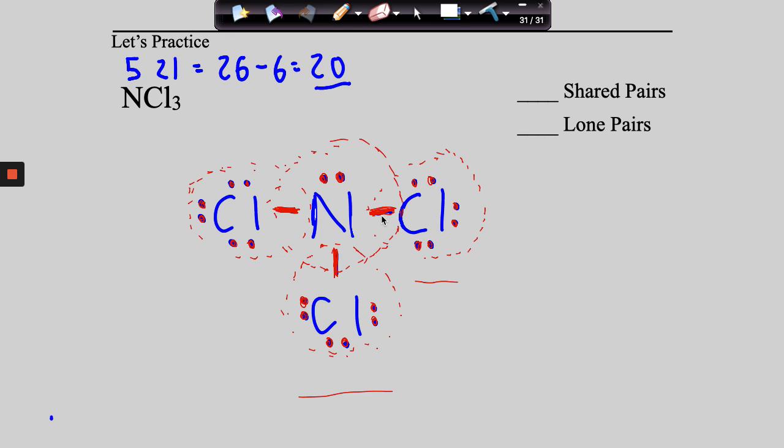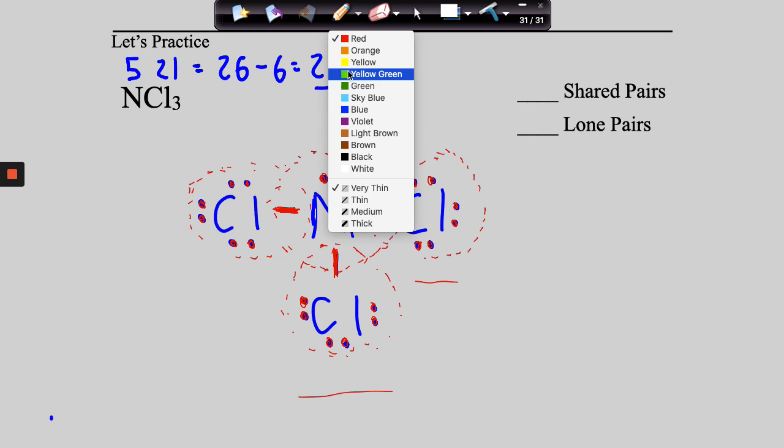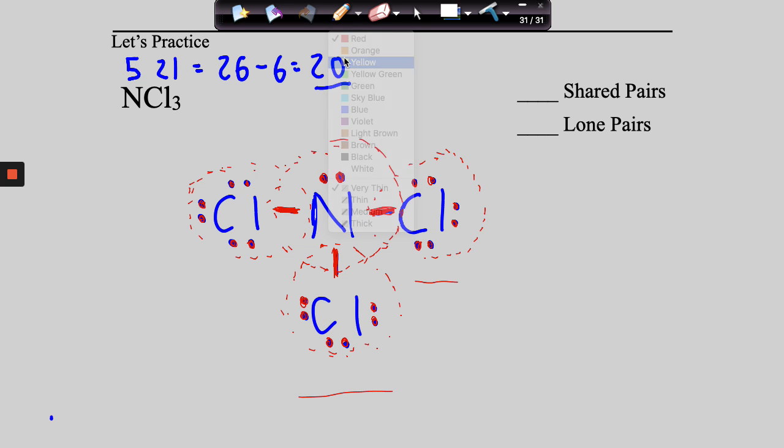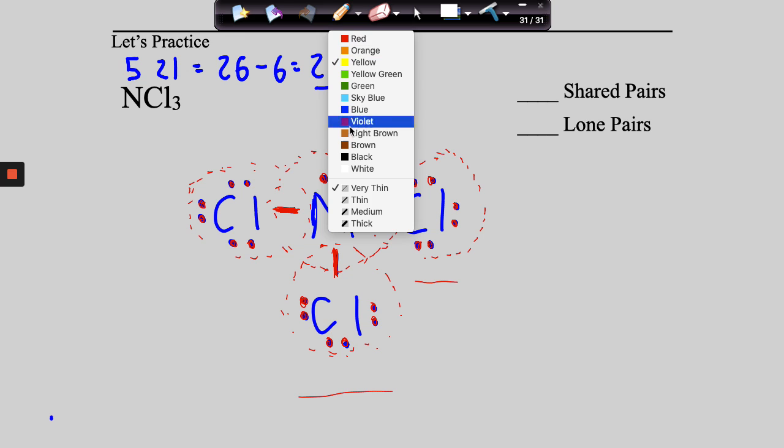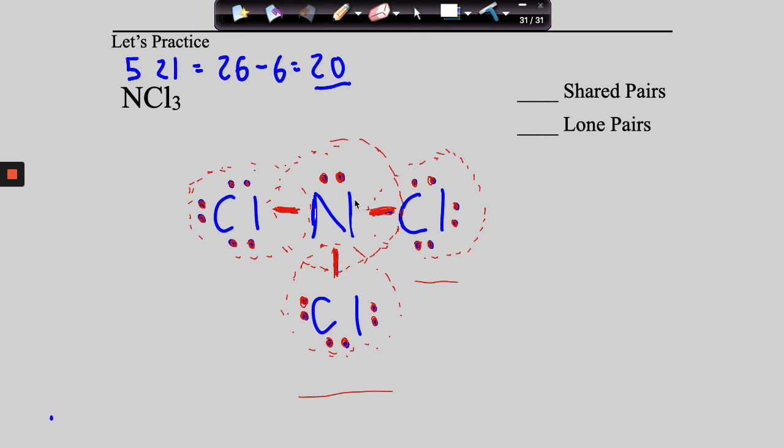So now, guys, we just need to finish this up, and we need to count shared and lone pairs. To do this, I'm going to switch colors. Let's go with yellow because that's going to stand out. Here we have 1, 2, 3 shared pairs of electrons. So there's 3 shared pairs of electrons.